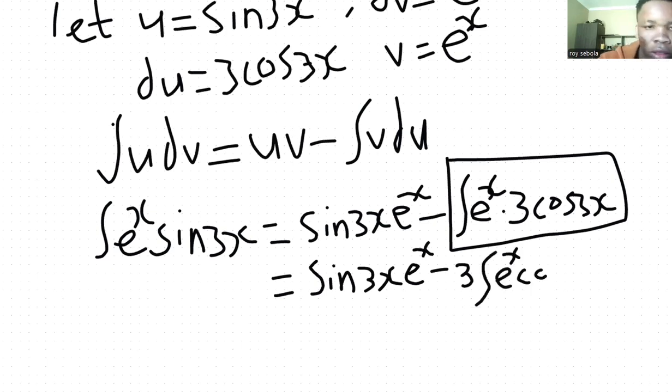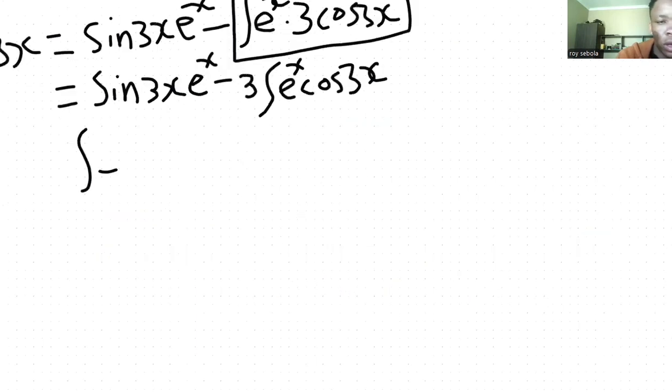Now for the integral of e to the x cos 3x, we are still going to identify our u and our dv.